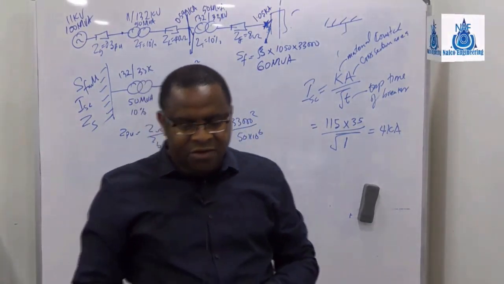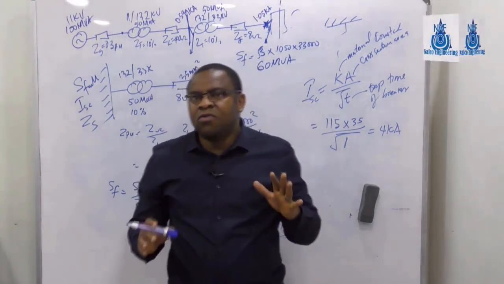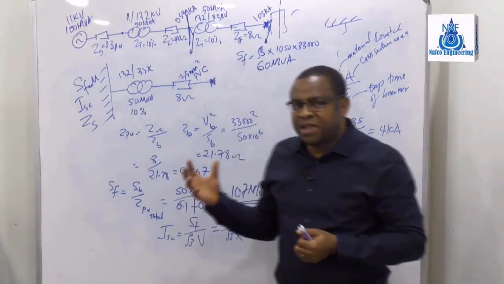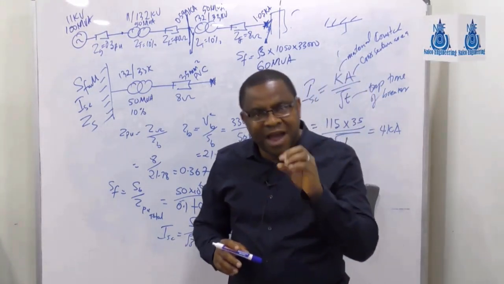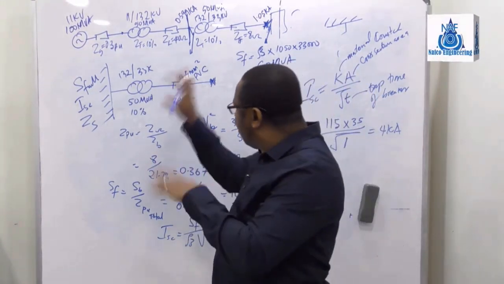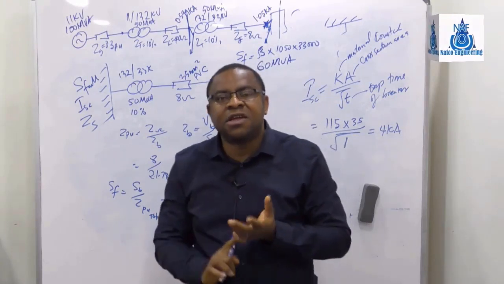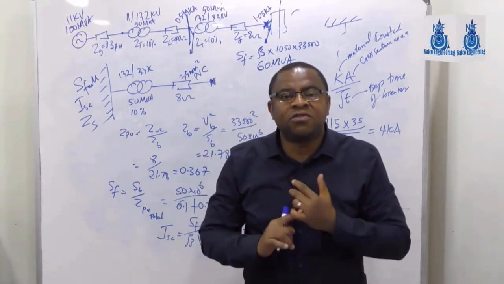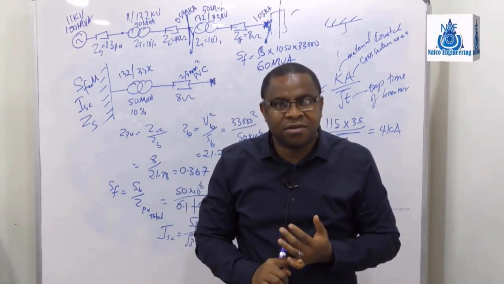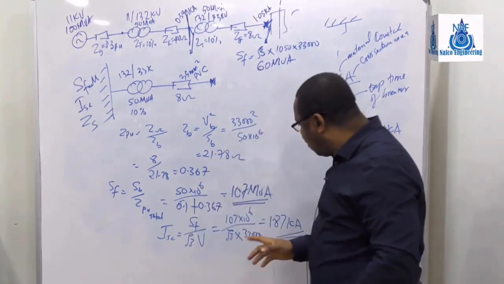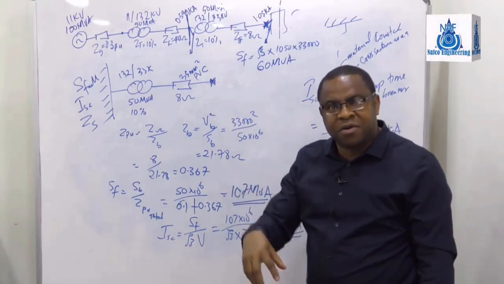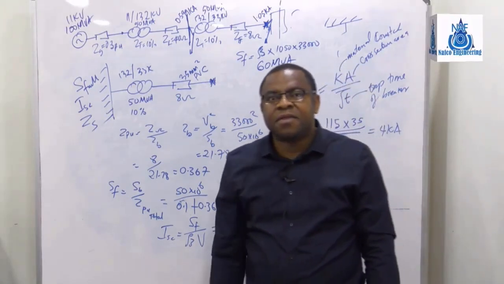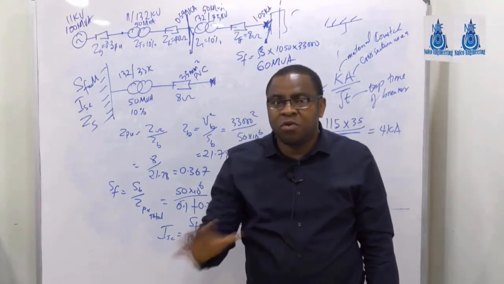Did you get that? So when you want to do fault analysis or fault calculation, the primary question to be answered, first, is your switch gear suitably rated? Because if you put a wrong kA rating of a switch gear and there's a short at the bus bar at that board, that switch gear is going to explode.